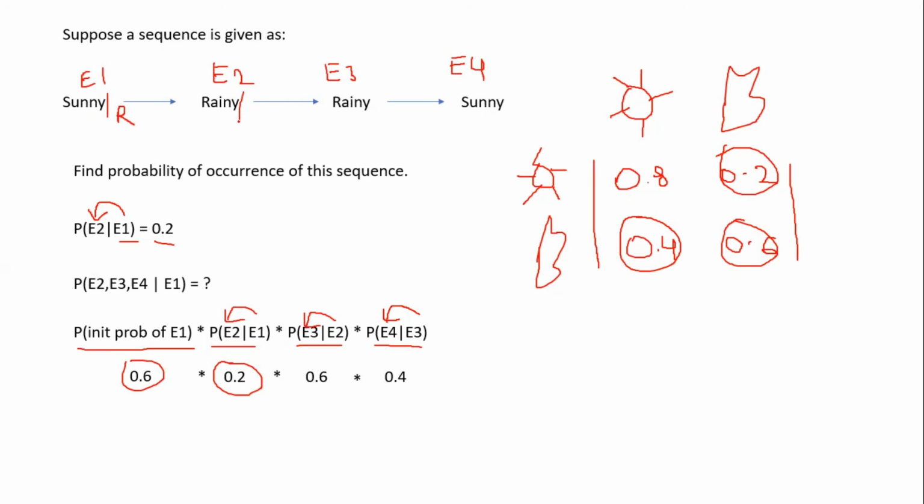Second day, it can be either rainy or sunny. Third day, it can be either rainy or sunny. Fourth day, it can be sunny or rainy. So every day we have two chances. It can be either a sunny day or a rainy day. So like this, you can calculate for n number of days. Here I'm just taking only 4.